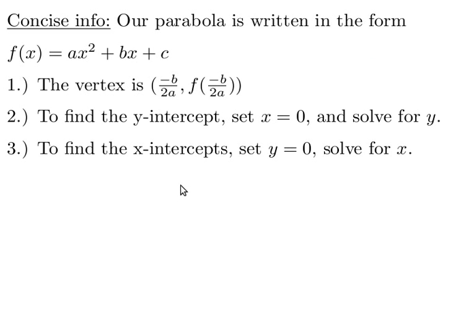Now let's go on to an explanation of all this, or the verbose information. Okay, so let's scroll down so we can deal with this. This is going to get pretty long and pretty tedious, but it's good to understand.